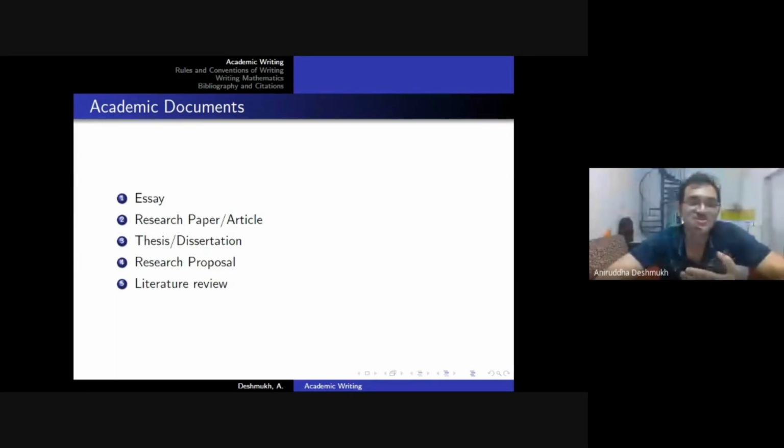It only has a survey of whatever has been done till date in the field of your interest. While a research paper usually has your own research, your own results, which are a bit new from whatever has been done till date. So, right, this is all about academic documents, and I am certain that all of you will definitely write a research paper in the coming years.